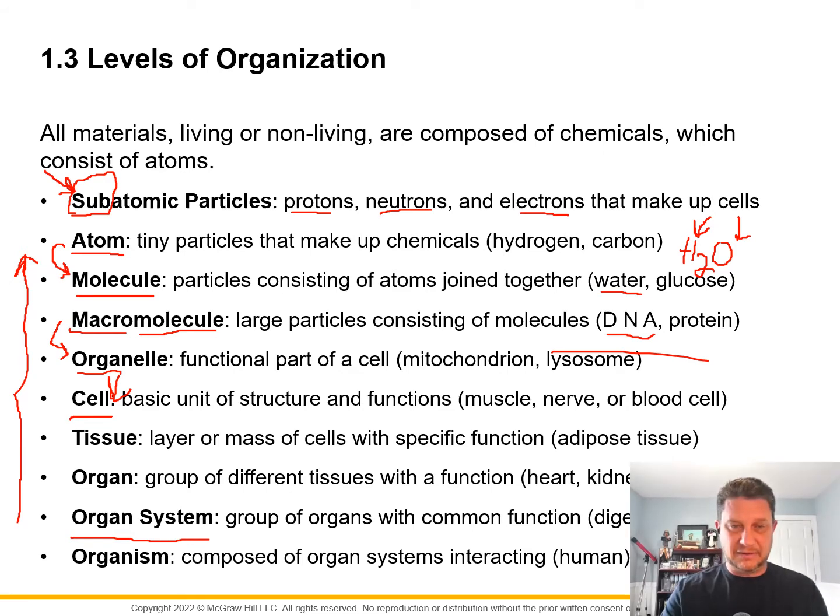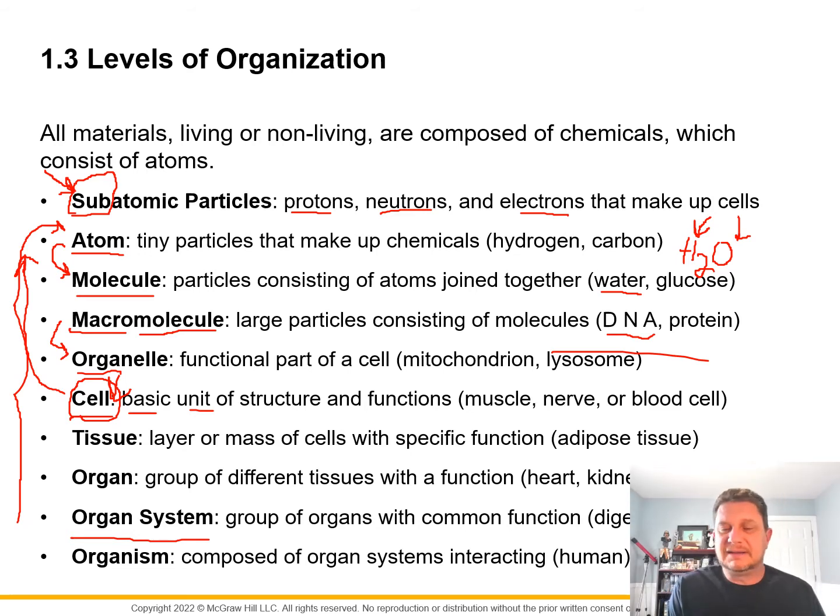Now, the cell is pretty interesting in the fact that the cell is to life forms what atoms are to everything else. They are the basic unit of life. So we're going to see how a cell is put together and how it runs, and what the specific jobs of the different organelles are.